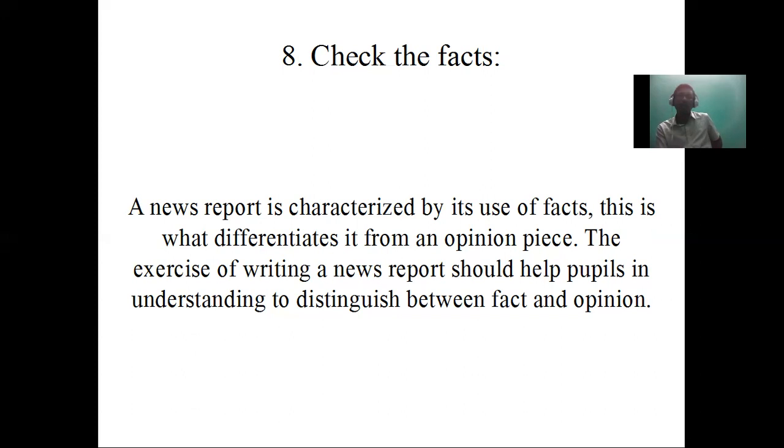The exercise of writing a news report should help pupils in understanding how to distinguish between fact and opinion. Again, the same thing. People should know the difference between fact and opinion. What is fact and what is opinion? They may have heard that in an incident 10 people have been killed. Anyone can give an opinion or comment that 10 people are killed.